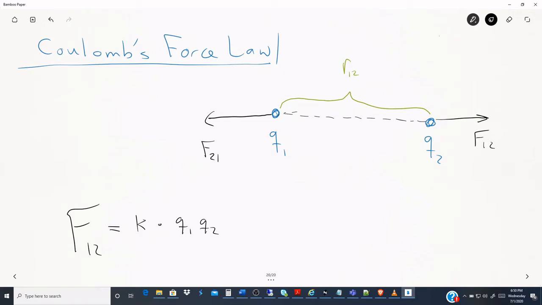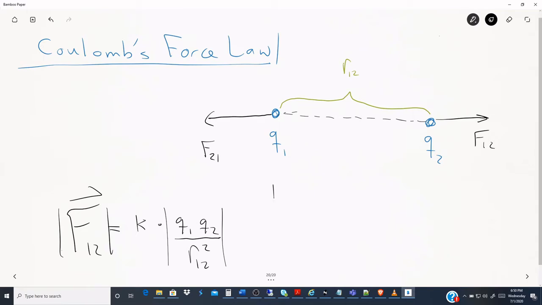And it's inversely proportional to the square of the distance between them, so I divide by the distance squared. That's where the inverse comes in. And finally, I'm talking about a force magnitude here, so I should put an absolute value bar around the product of the charges because they could be positive or negative depending on the circumstances.